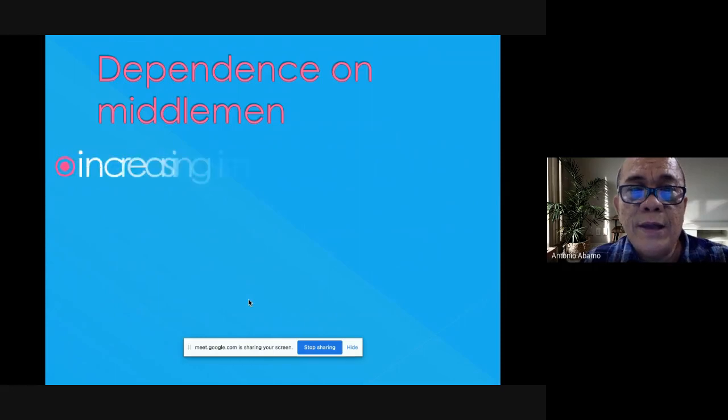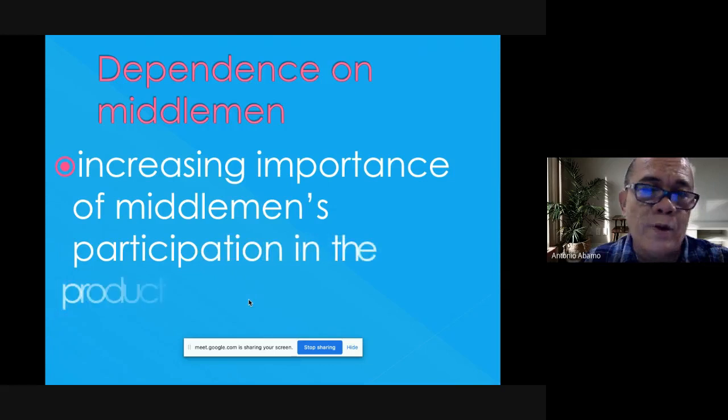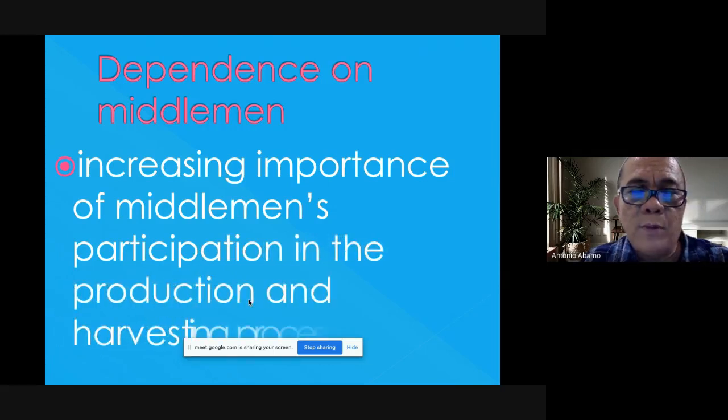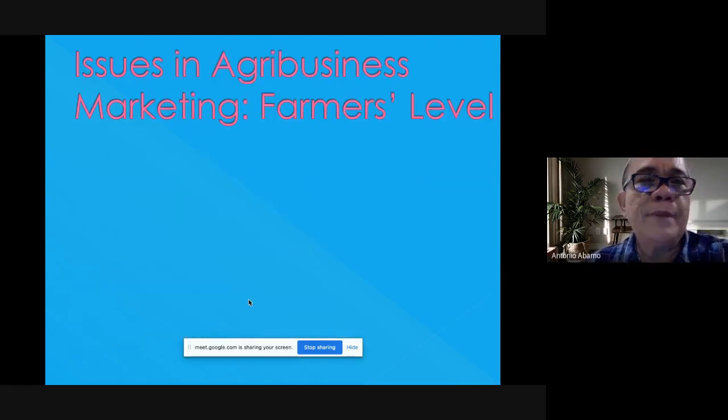The middleman also provides the bridge in being able to participate in the marketing process. Sometimes the middleman even participates in the harvesting process. They will be the one to harvest, provided that they get the bulk of your product. Now that's one issue, or second issue rather, in the agribusiness marketing subsystem.